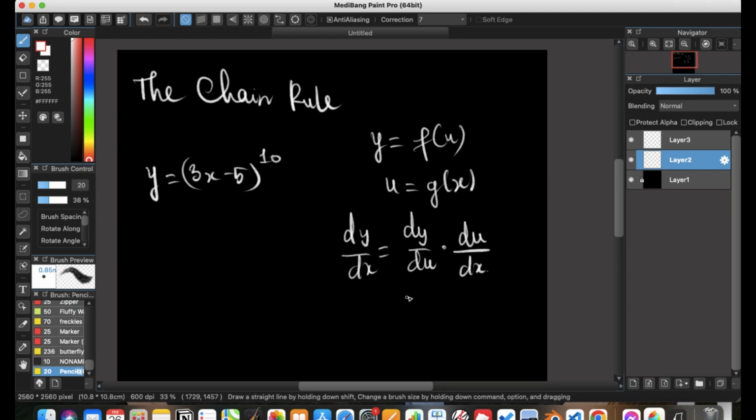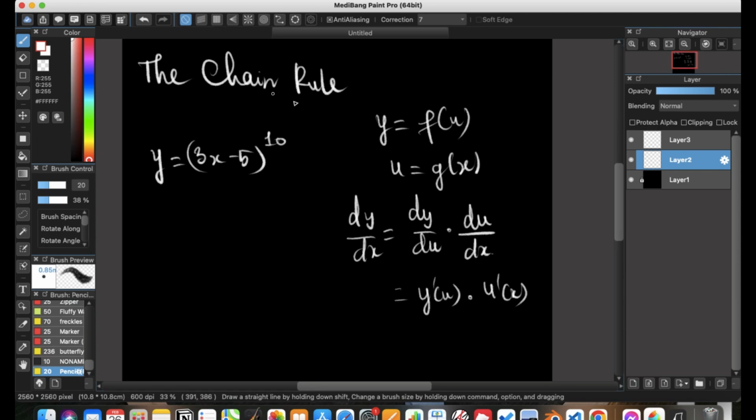So basically, y prime with respect to u multiply with u prime, right? So here, we're going to apply that to our little example. Let's say this is u, right? Let u be 3x minus 5.